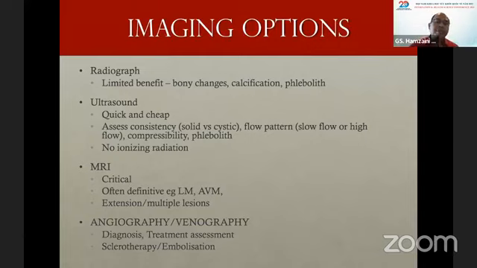This is important because MRI or CT would be able to differentiate whether there is a lymphatic malformation, venous malformation, or arteriovenous malformation. Not only diagnosis, but it can also assess the extension of the lesion, so the lesion can be assessed properly. Next is angiography or venography.